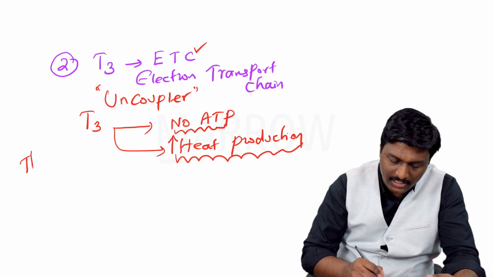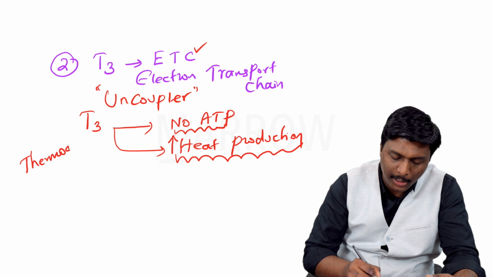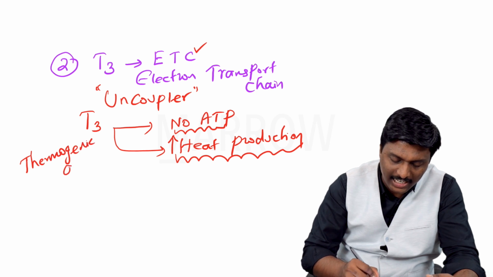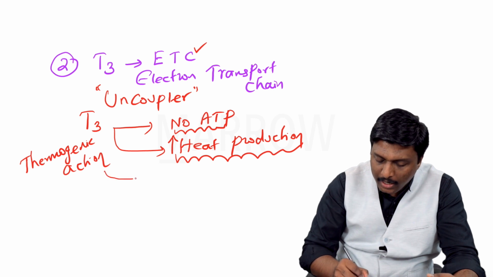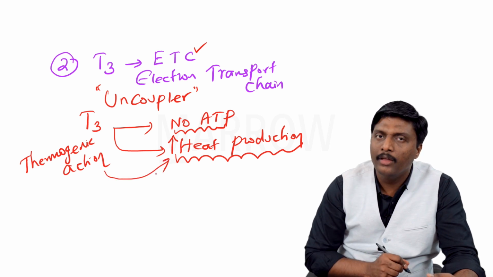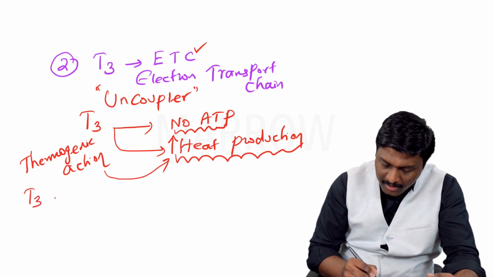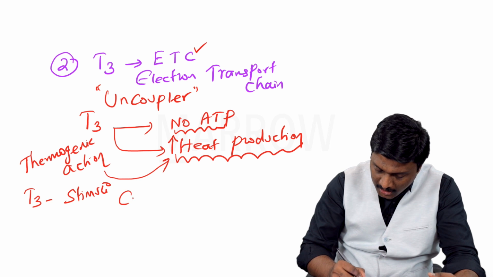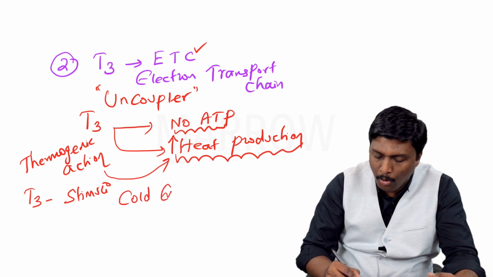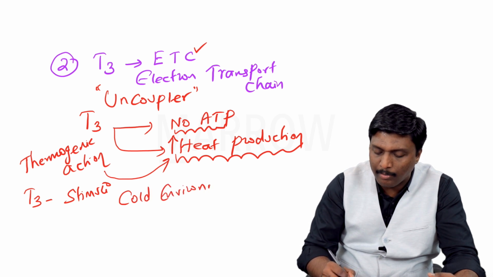This important action is called thermogenic action. What is the meaning of thermogenic action? It increases body heat production. The most important stimulus when you require thyroid hormone is obviously, think by yourself, a cold environment.